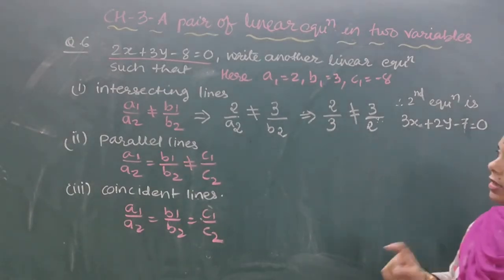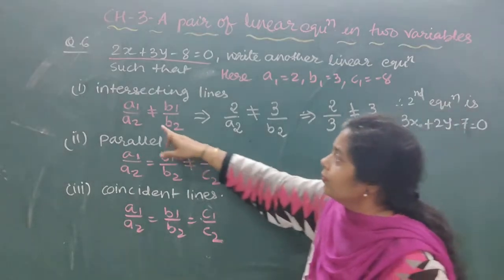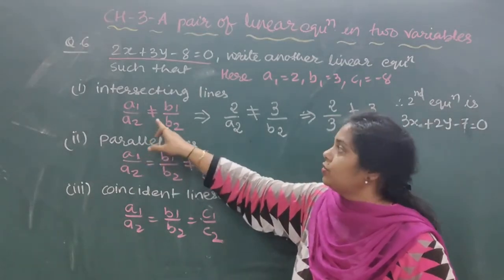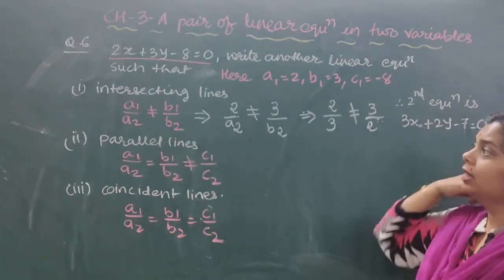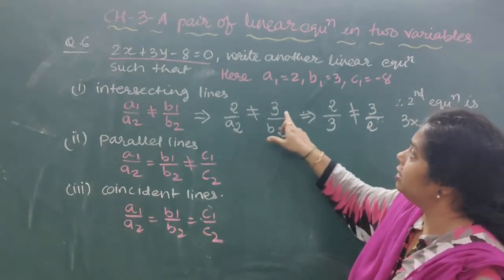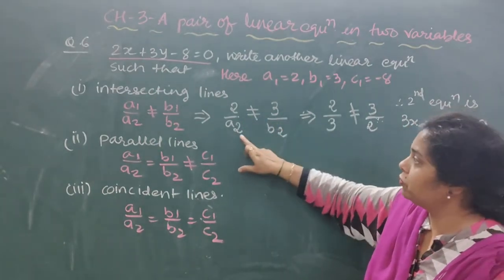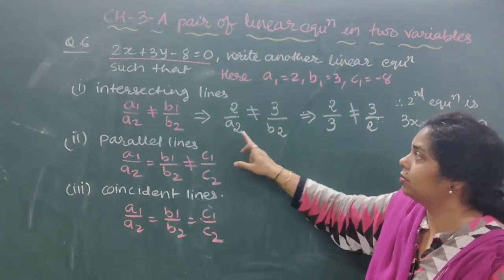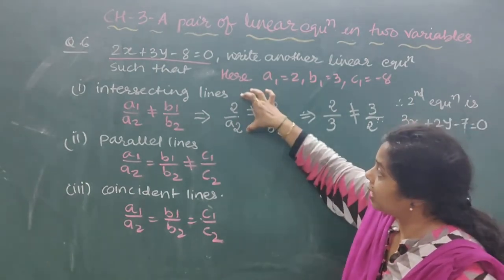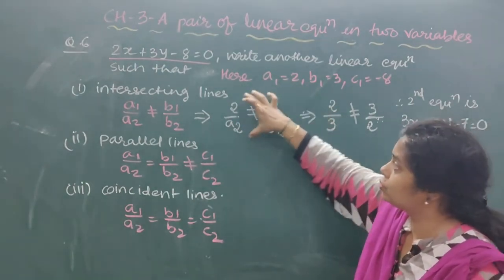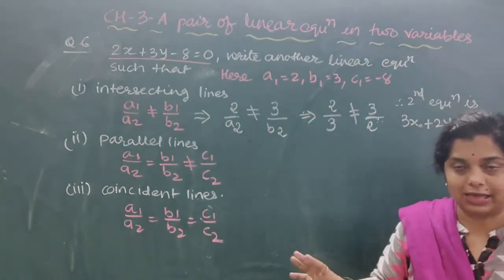I hope you get this. I am explaining again. Here the main condition is A1 by A2 is not equal to B1 by B2. And A1 and B1 are already given. We have to just find the numbers by which we can show that these two ratios are not the same.